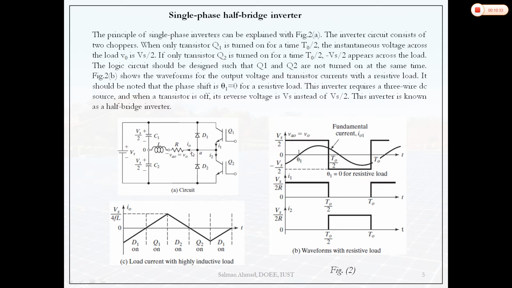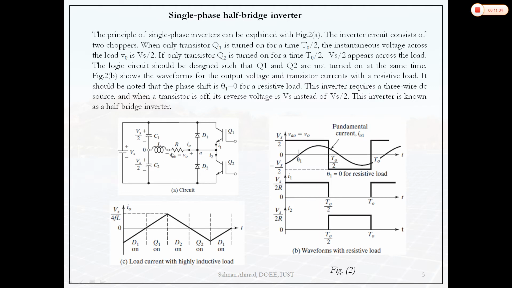If we mark this point plus and this point minus, the voltage across the load, VO, will be Vs by 2 when Q1 is turned on. If the current is in the same direction, Q1 will take the current. If the current is in the reverse direction, it will be taken by this diode, because the Q1 transistor will not carry current in the reverse direction.